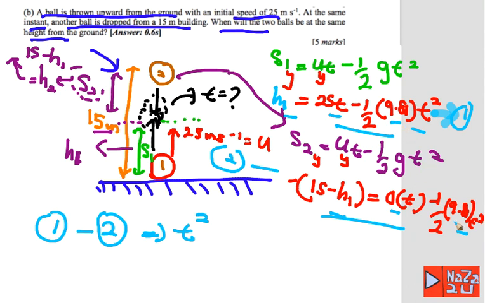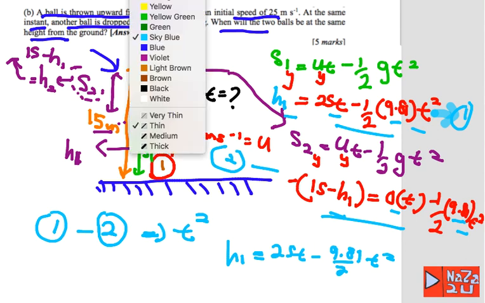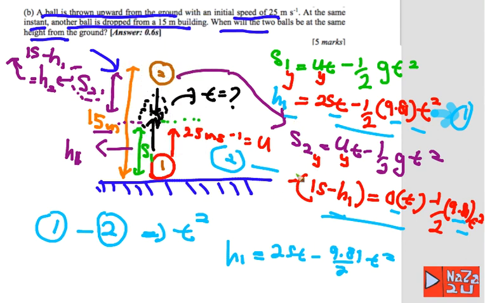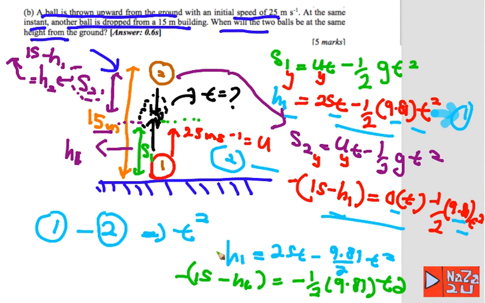So H1 is equal to 25t minus 9.81 divided by 2 times t squared, and for S2 we have 15 minus H1 equal to 0 minus half times 9.81 t squared. So equation 1 minus equation 2.